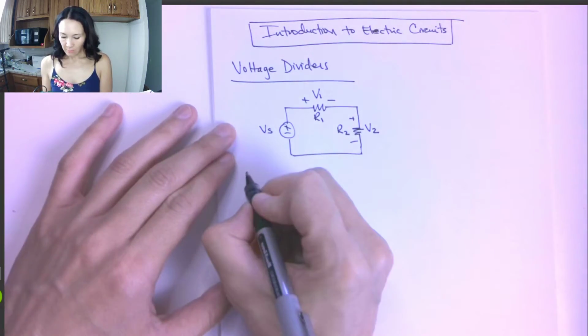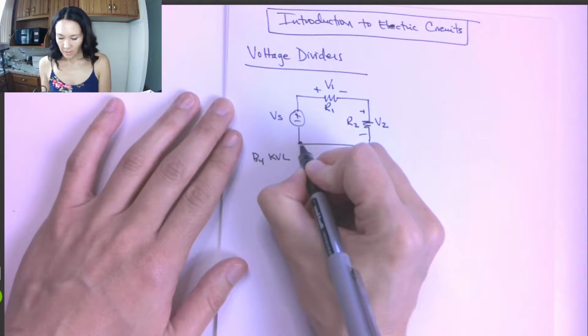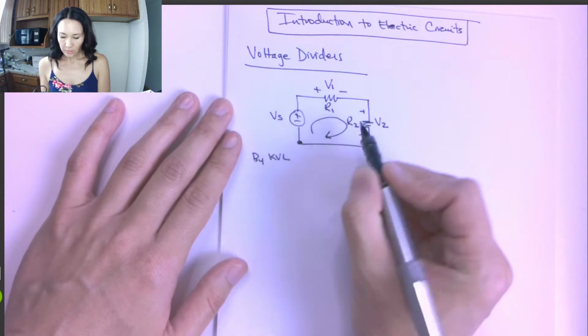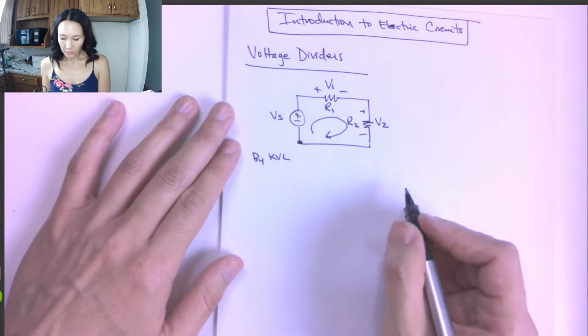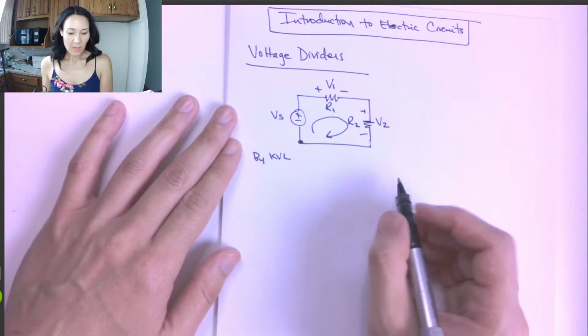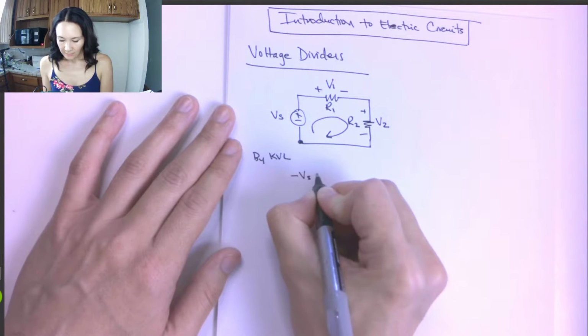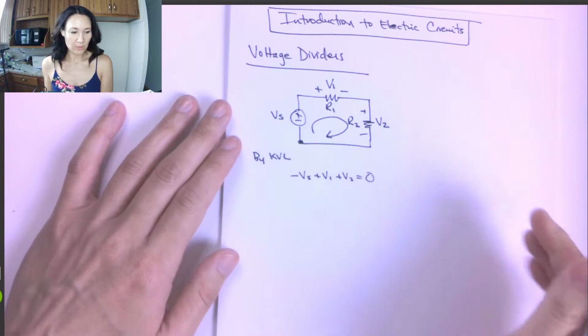Now, by KVL, remember from the last video, if we start in an arbitrary place in the circuit and we go around, as long as we follow the passive sign convention and add up all of the voltage drops, we should get 0. So KVL tells us that negative Vs plus V1 plus V2 is equal to 0.